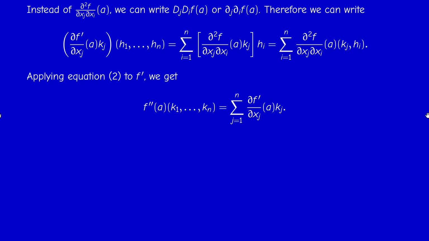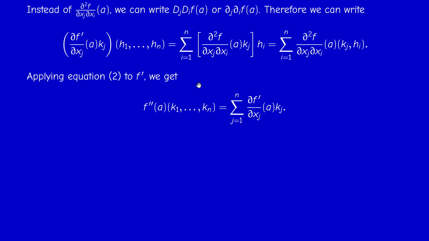Okay, and now I use the same relation giving the total derivative in terms of the partial derivatives, but this time I apply it to f prime, in the direction k, k1 to kn. Of course, instead of i I use another symbol j, because I have to use different symbols, as I also have to use two different directions, k and h.